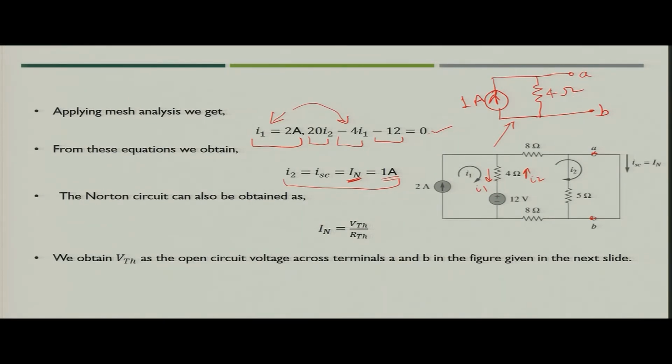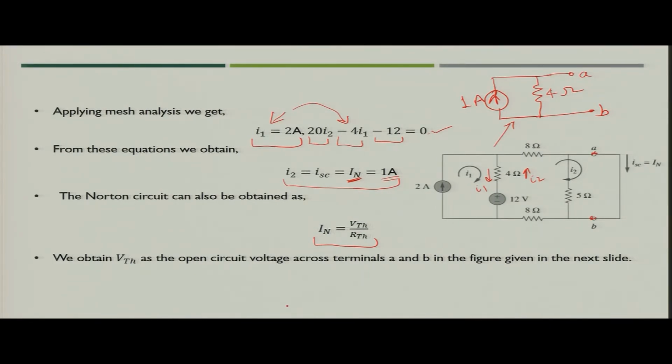So, now you have got the Norton's equivalent. Next, you can verify whether the Thevenin and Norton's relationship is correct or not. We established that Norton's current can be calculated as Thevenin's voltage divided by Thevenin resistance.